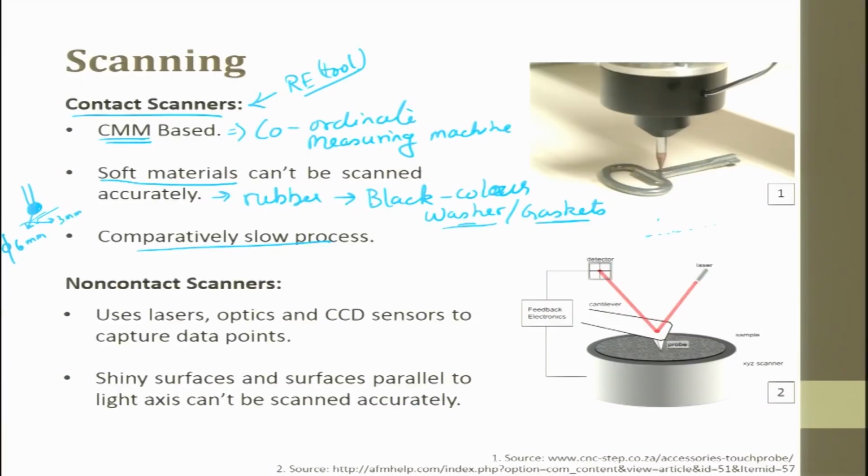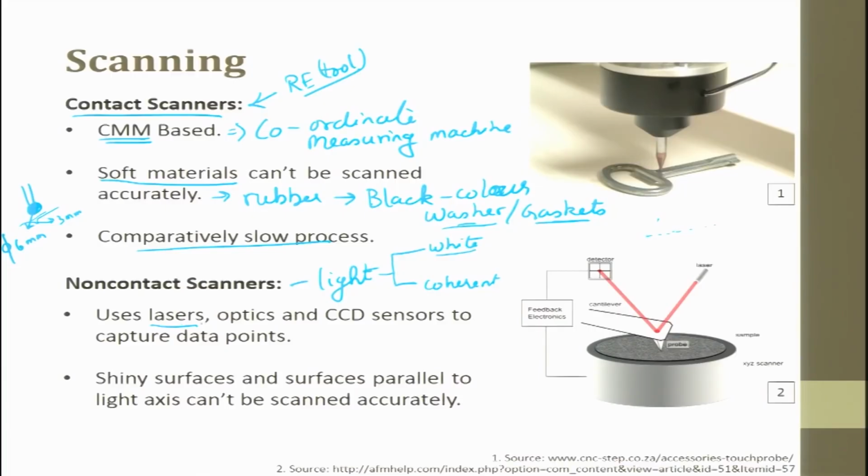The other way is through non-contact technique. The moment you say non-contact, light is the one major thing which comes in handy. In light there are two kinds, one is called coherent light and the other is called white light. When we say coherent, we always use laser, and with white light, you put a prism and take a particular wavelength and start using it.